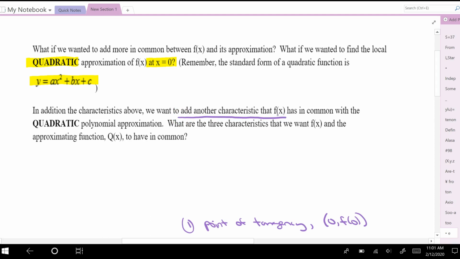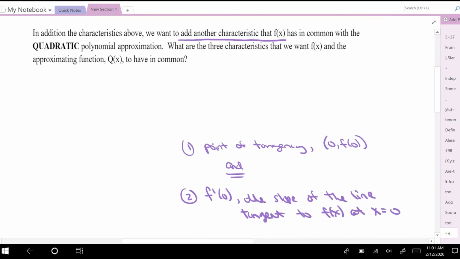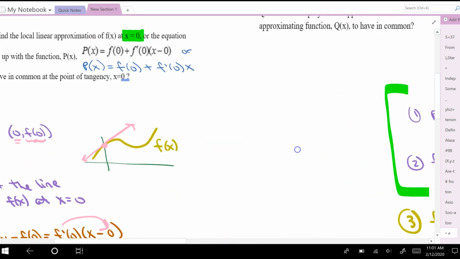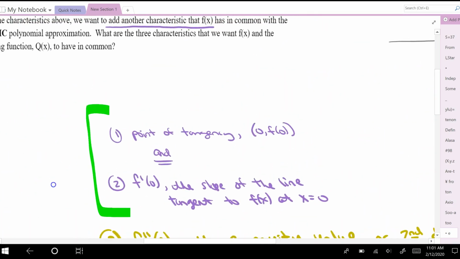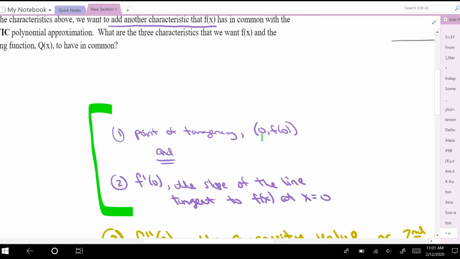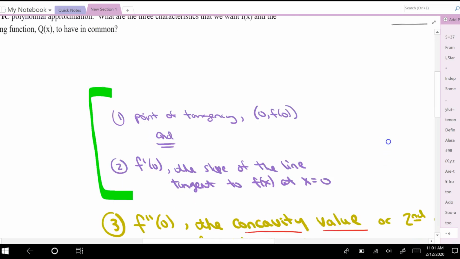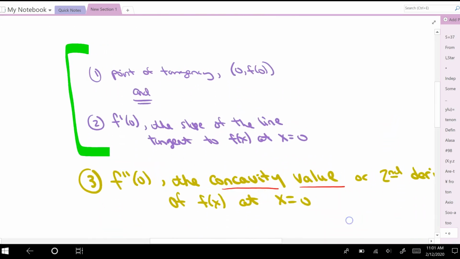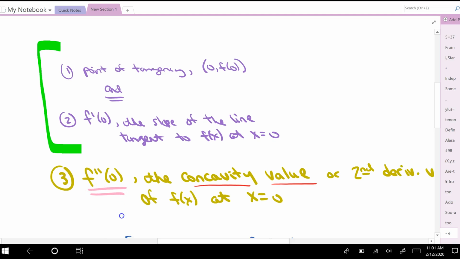So what are those three characteristics? The first two I literally copied from here, because I want to maintain those two criteria: that the point of tangency is the same and the first derivative value at x naught is the same. But then I want to add a criterion, and yes, you guessed it, it is the f double prime value at x naught.